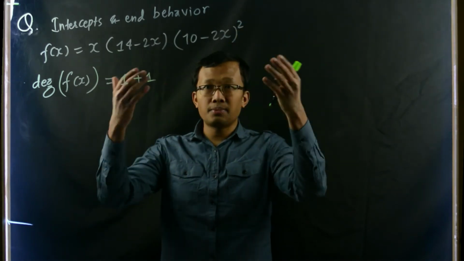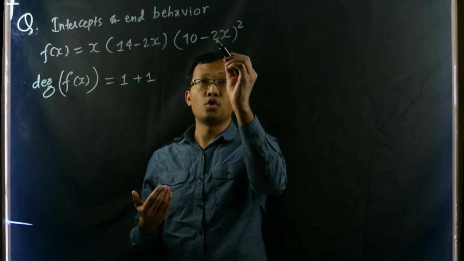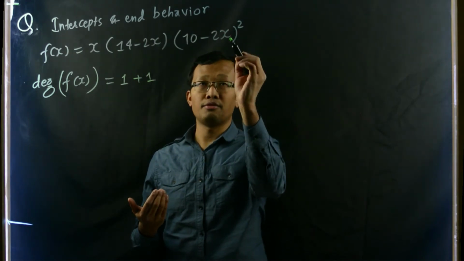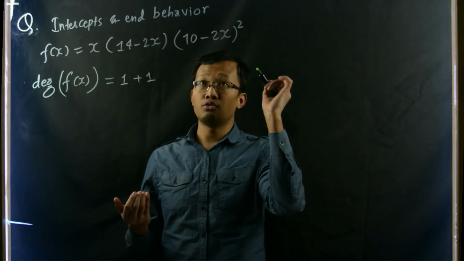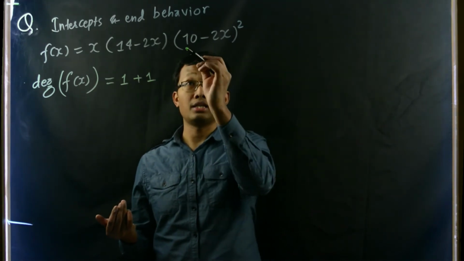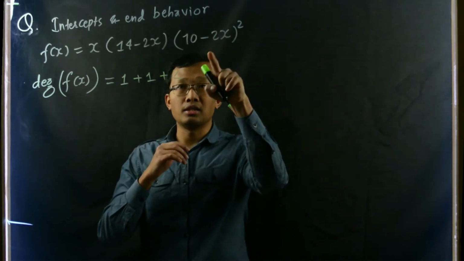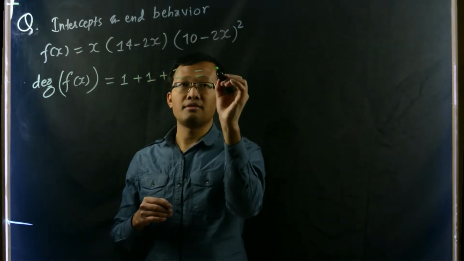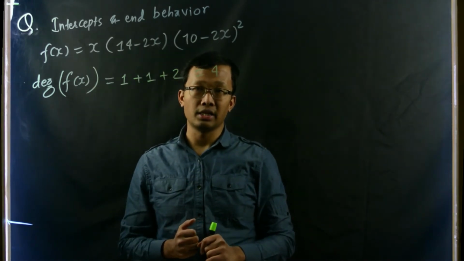Now if you expand this factor, then you will get 4x squared, positive 4x squared, minus 2 times x times 2 times x times 10. The power of this x is 2, so that's why we have 4. So the degree of this polynomial is 4th degree.